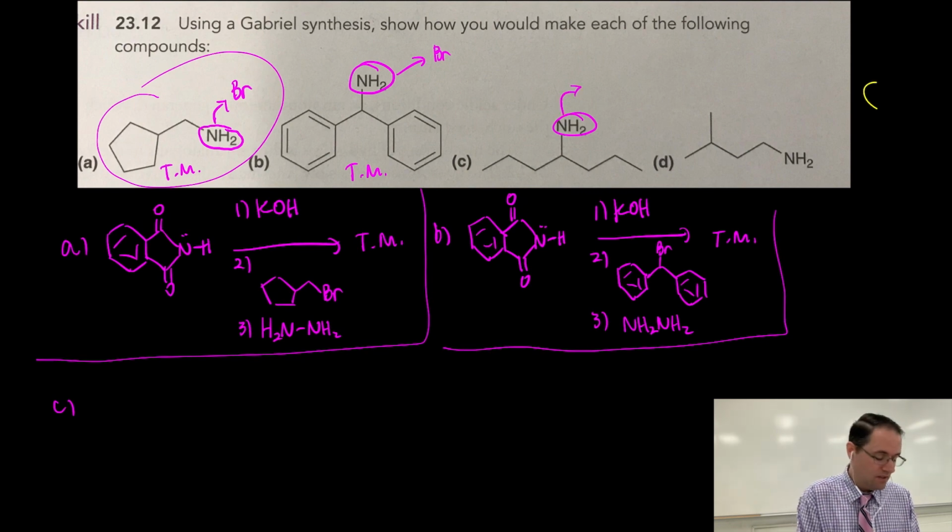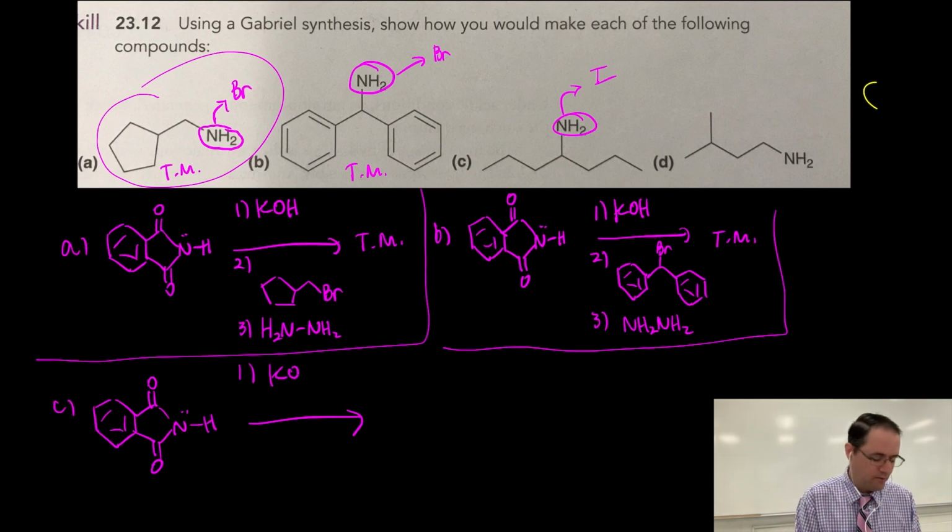For part C, once again, take your NH2 group and replace that with a leaving group. Let's go crazy and do iodide here. So take phthalimide and draw it out. I like to draw the little lone pairs so I can remind myself, oh yeah, this is an SN2 reaction. So we'll add potassium hydroxide.